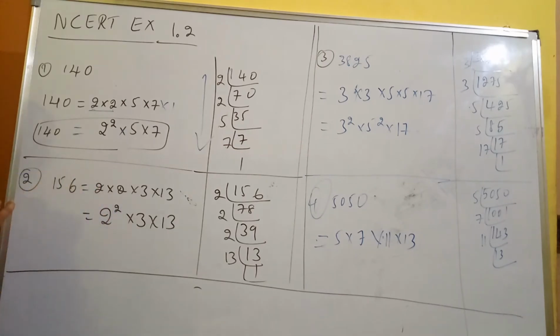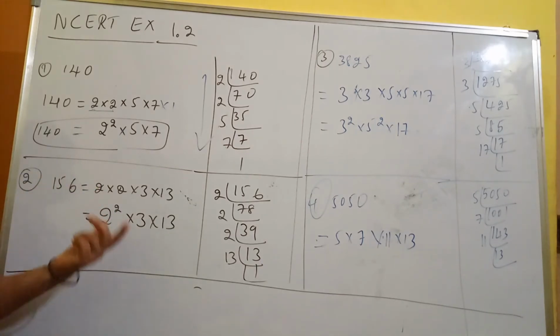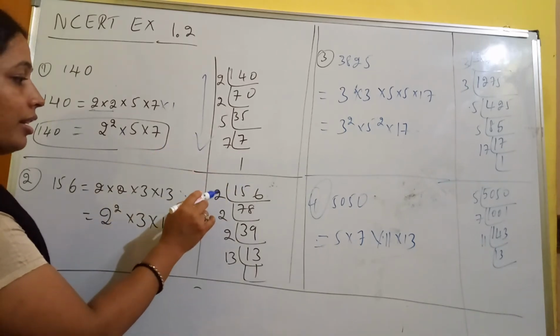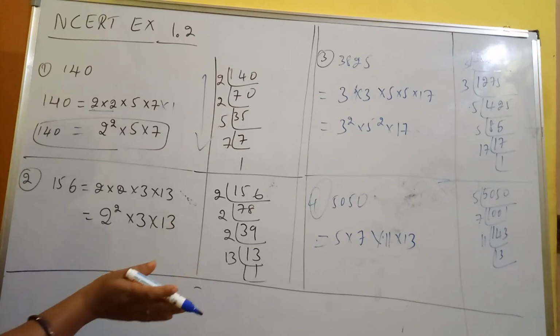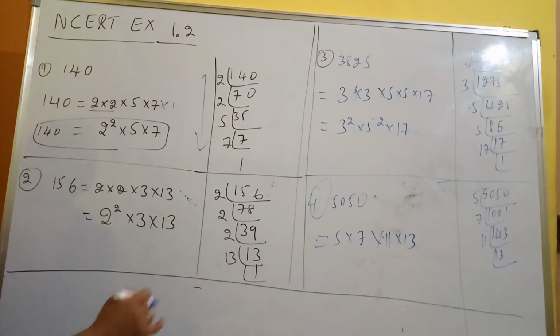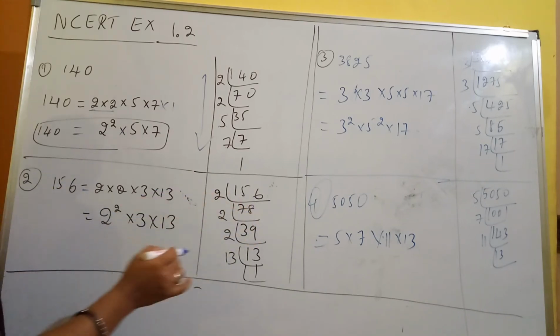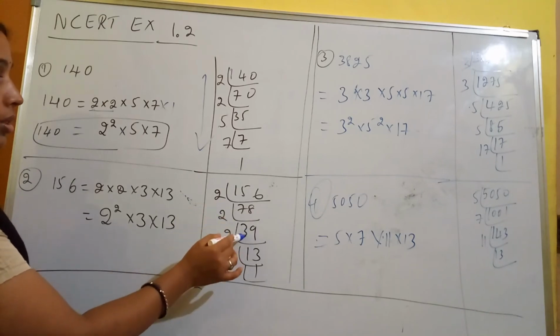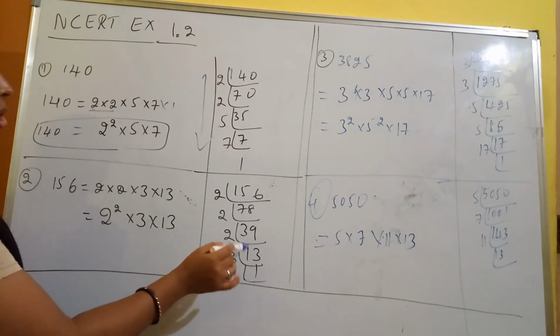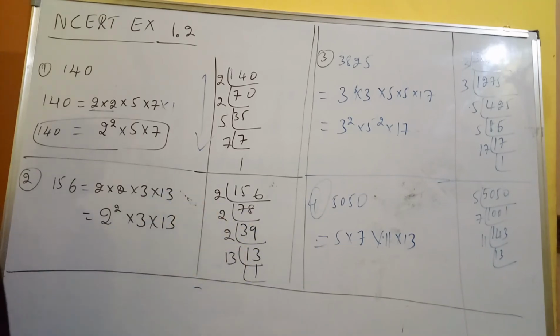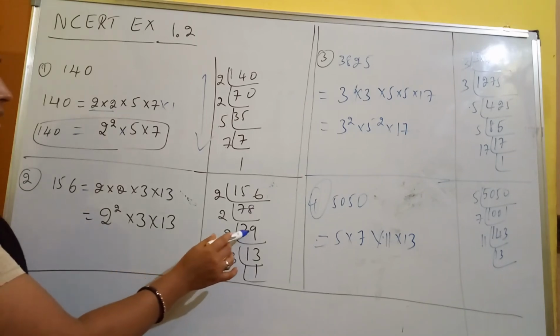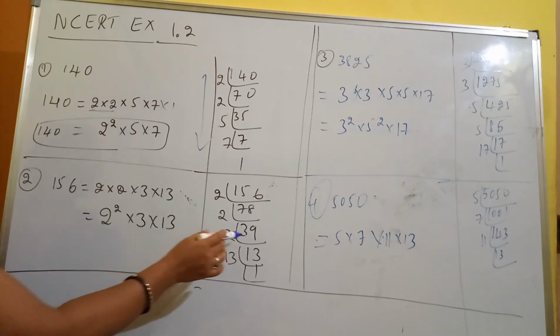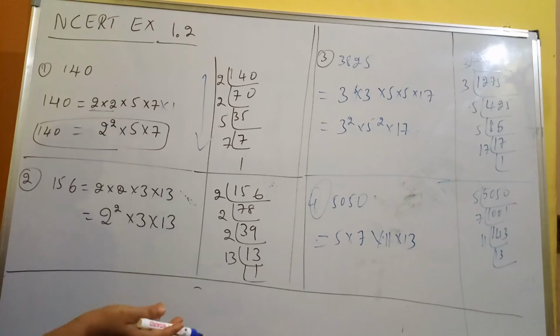156. Take the second problem, the same thing, this is already learnt in your previous class. 156 can be factorized, that means prime factorization, so we will start with 2 only. 2 7s are 14, 2 8s are 16, again 2 3s are 6, 2 9s are 18, 2 1s are 2, 1 will be left here. It is not possible for 2, so go to the next number.